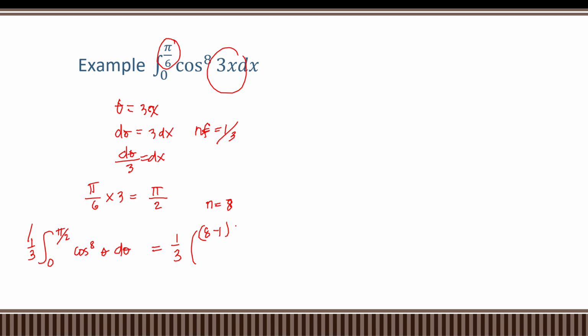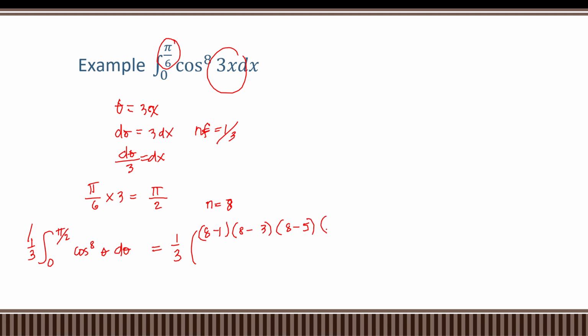The next in line is 8 minus 3, that is 5. Then 8 minus 5, that is 3.